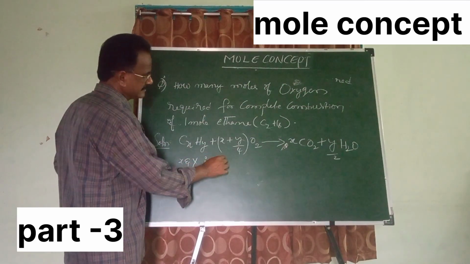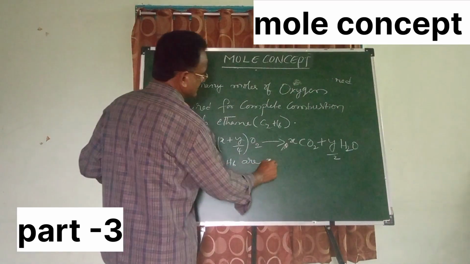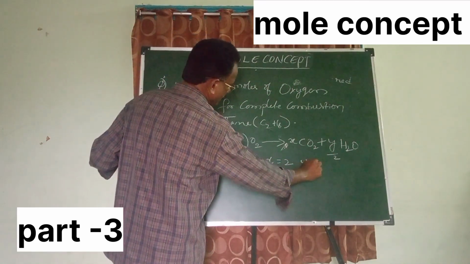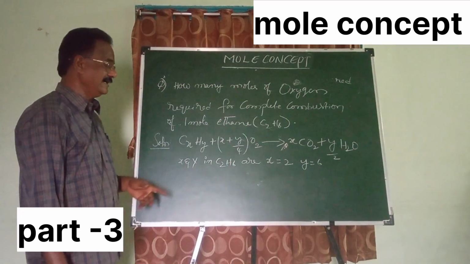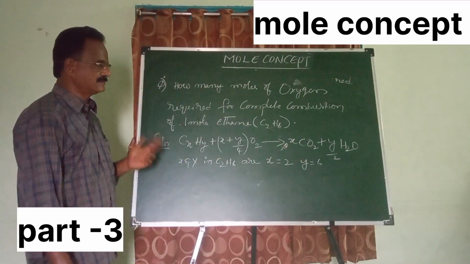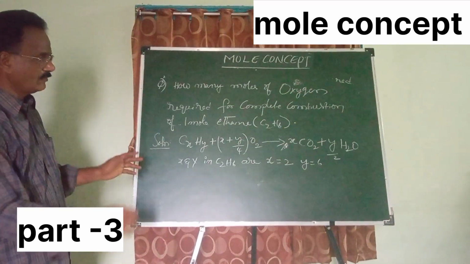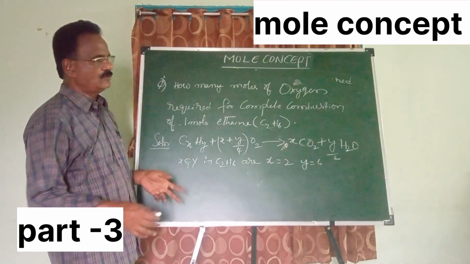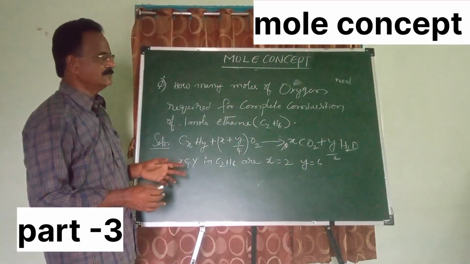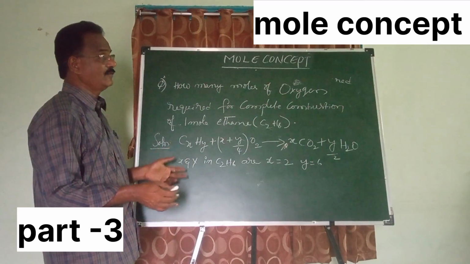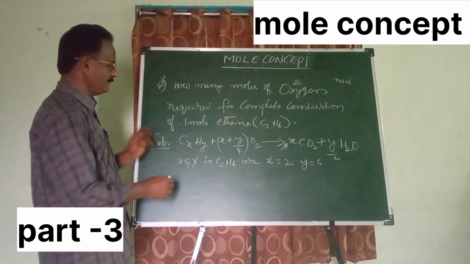In C2H6, x is equal to 2 and y is equal to 6. In 1 mole of ethane, there are 2 moles of carbon and 6 moles of hydrogen. So by replacing x and y in the general equation with 2 and 6, we can get the answer.